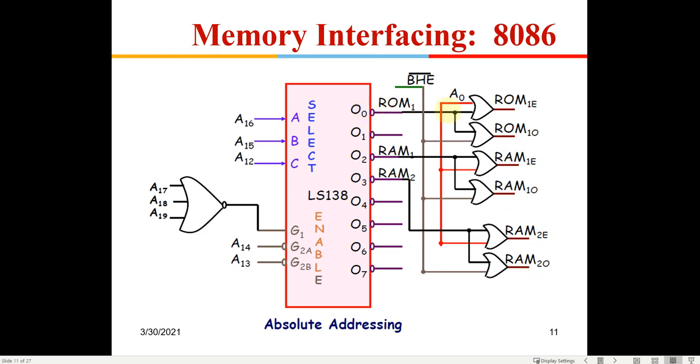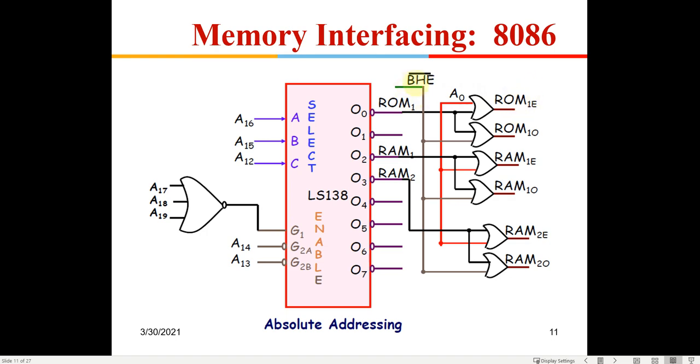If this is selected out here, then if A0 is low, that is even, only then this has to be low. That is why you have to OR it with A0. Now if A0 is 0, and this is also active low, then ROM 1 will be selected. Now suppose A0 is 1. Then the output will be 1 out here, so this chip will not be selected.